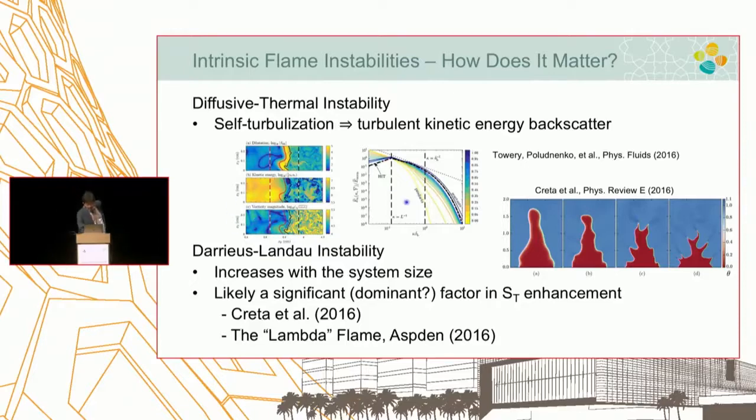This picture shows the kinetic energy spectrum. And surprisingly, I don't know if you can see it, but this curve is the reactant side, and this yellow curve is going into the product side, and this is wave number space. Interestingly, the kinetic energy goes up as you move from reactants to product side in the small scale waves. So there's some kind of backscatter, what we commonly call backscatter energy cascade.